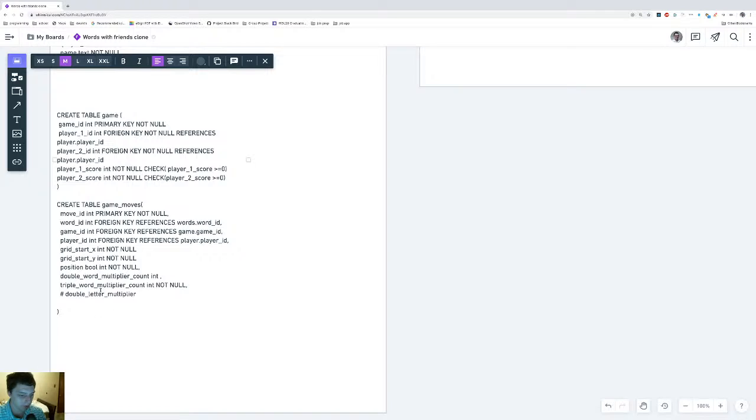A triple word multiplier, int not null. Letter. At this time in game moves, there's no way to encode what letter was placed where exactly. Only a start.